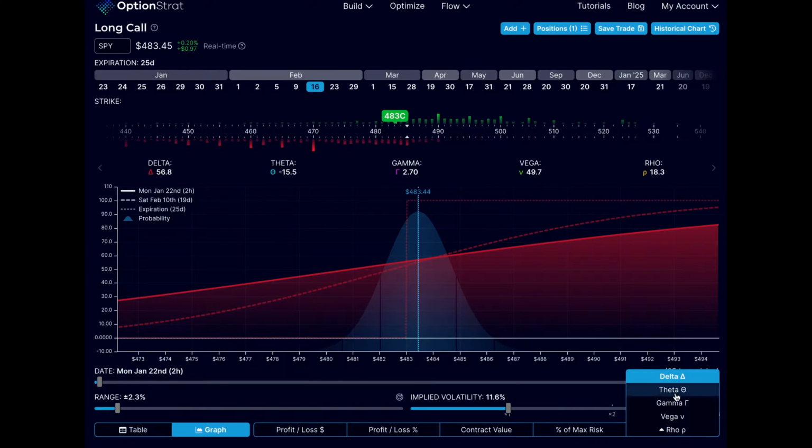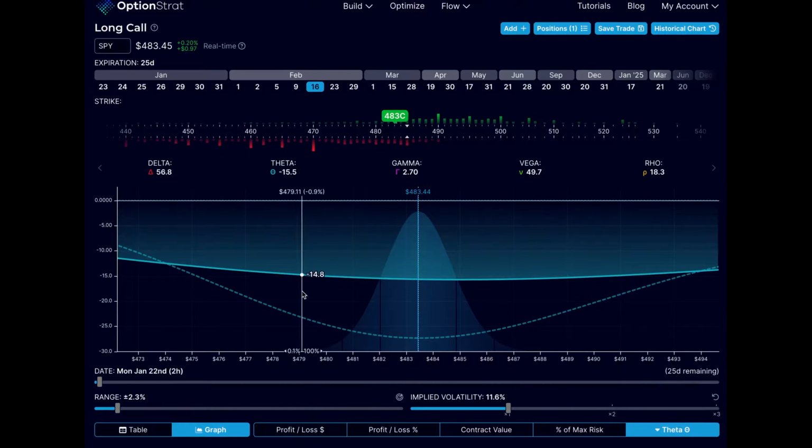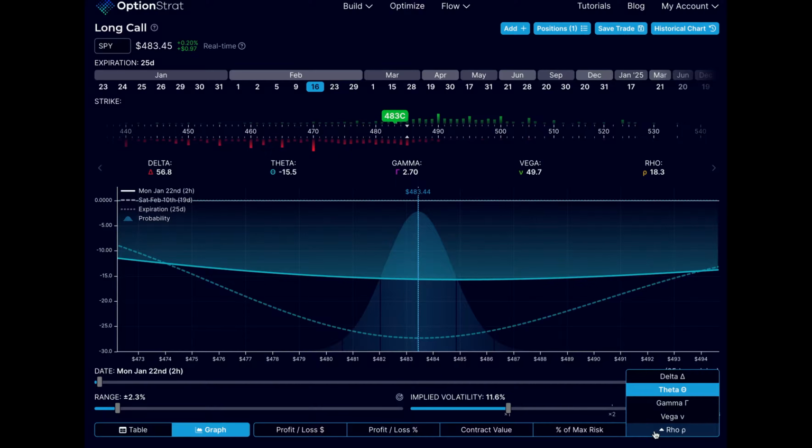You can plot out theta and see how theta decay happens over time. So we can see that with this heavy bold line right here, that's where our theta decay is going to be halfway through, and this is how much is going to decay out of this position when we get to the full price. We can see all of those, and that's not something you normally see in option software. That's something added here that you don't see elsewhere.